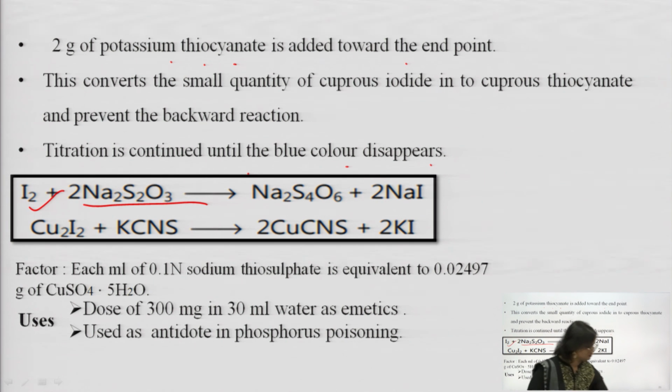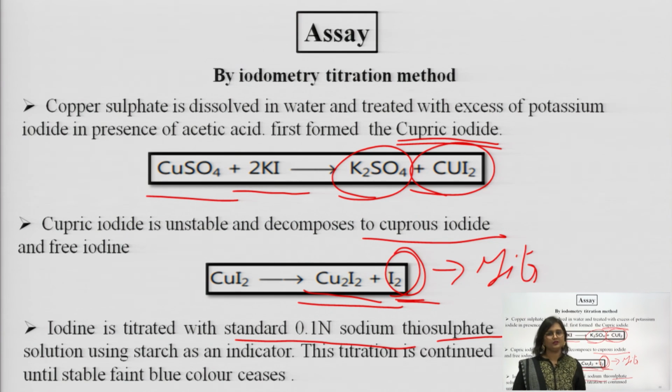So, what has happened here? Copper sulphate is first made to react with potassium iodide, so potassium sulphate and cupric iodide are formed. This cupric iodide decomposes into cuprous iodide and iodine. This iodine is titrated with standard 0.1 normal sodium thiosulphate using starch as an indicator.